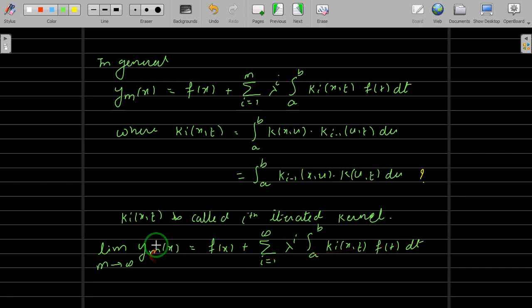Now in this case, your problem reduces to proving that this series converges.